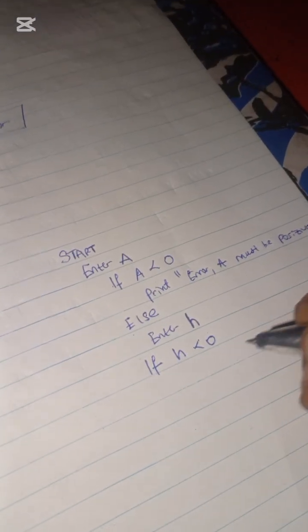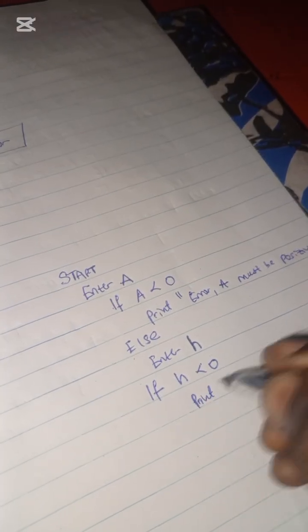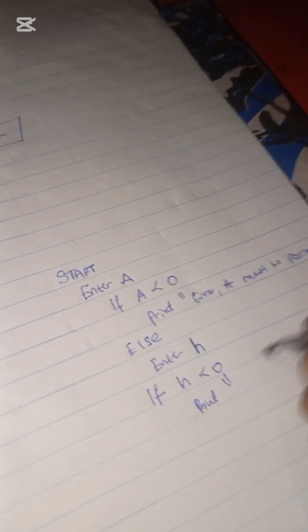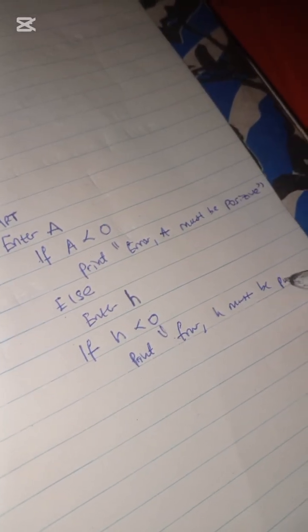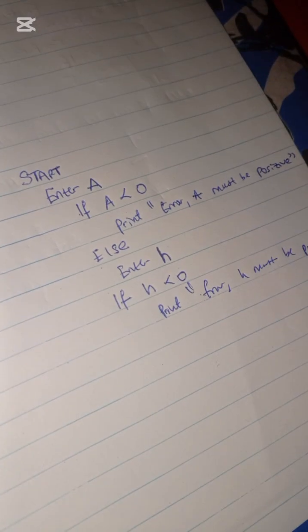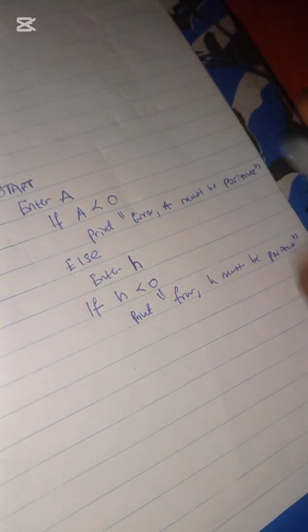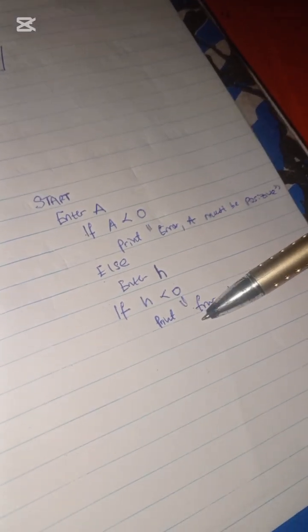So what should you do? Print what? Print error. H must be positive, right? So we've done for A, we've also done for H.